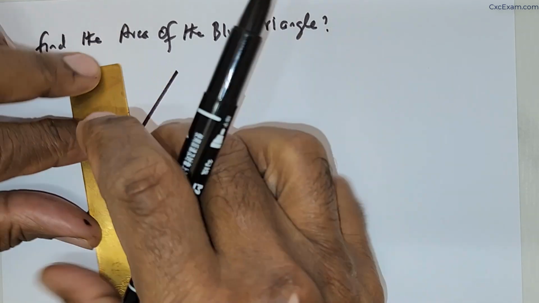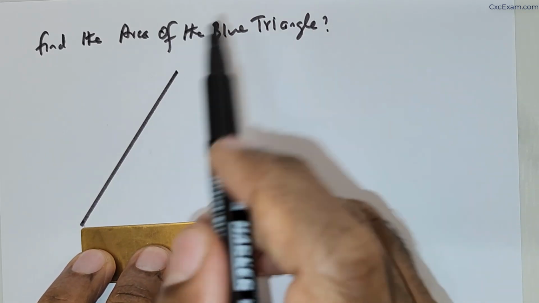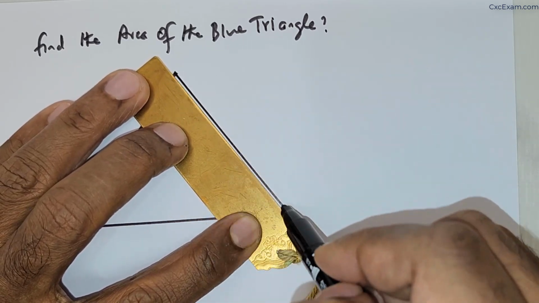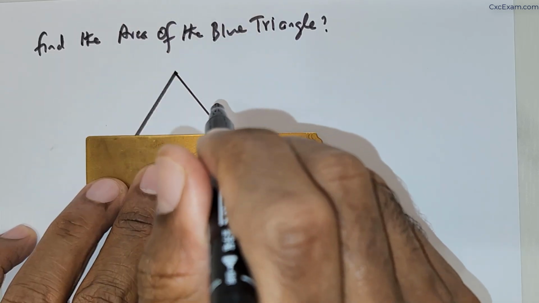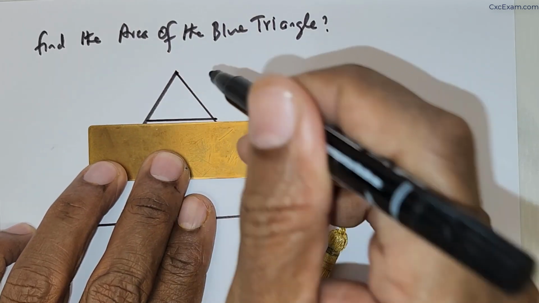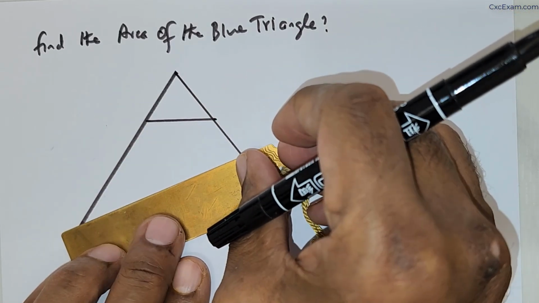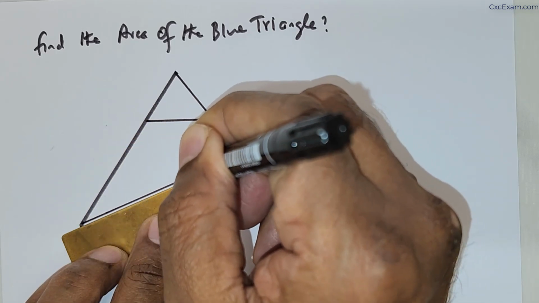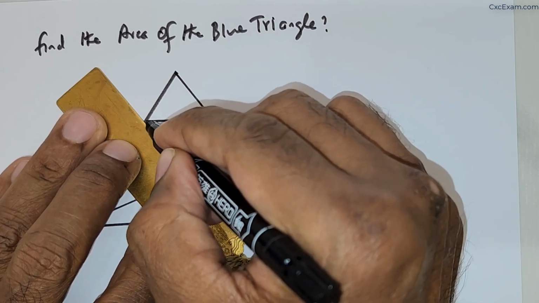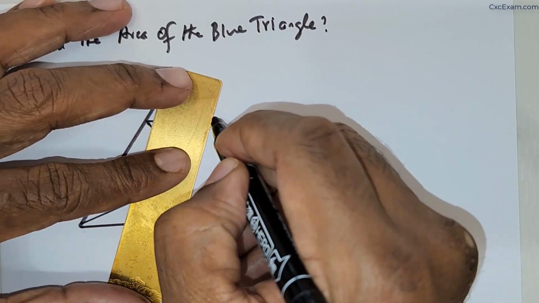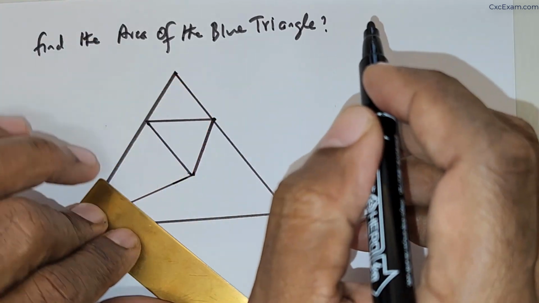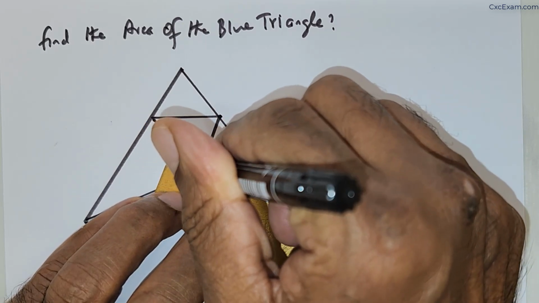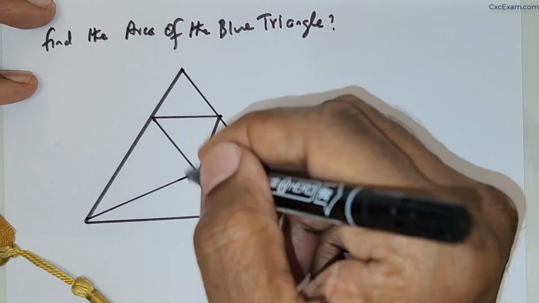So first, let me draw a triangle. We have this blue triangle over here, and then we have another triangle over here, and then another one over here, and finally the final triangle.